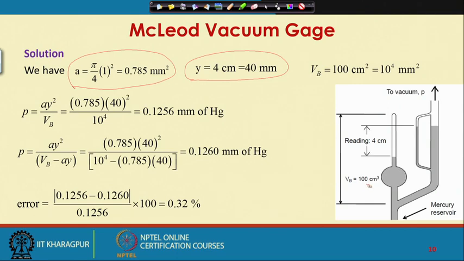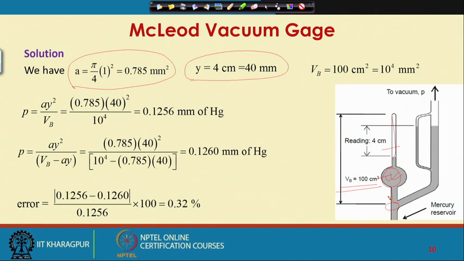Here VV, as the diagram shows, is 100 centimeter cube, and that VV is not only about the bulb, but also includes the volume of the capillary, volume of the bulb, as well as volume of the tube down up to this branching point. So, VV equal to V in our previous equation.